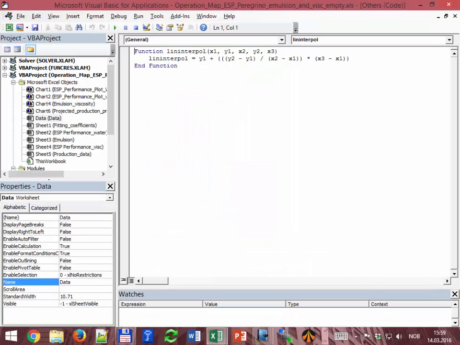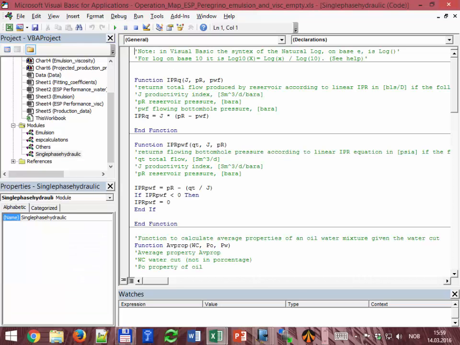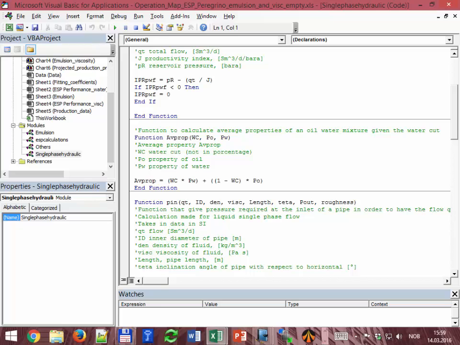I think it's here, single phase hydraulic. Okay, average property, you give this shouldn't be water cut, should be actually volume fraction of water. Okay, so volume fraction of water times the property of the water, 1 minus the volume fraction of the water times the property of the oil. So this we can use to calculate the average density.